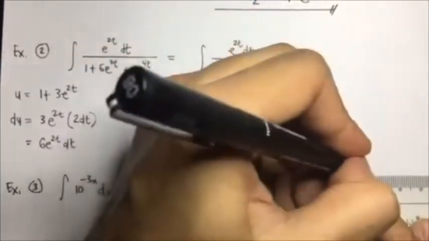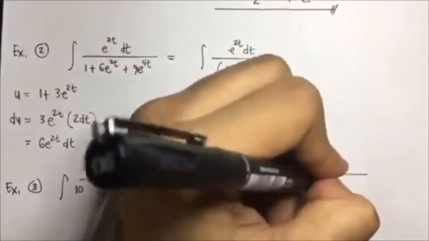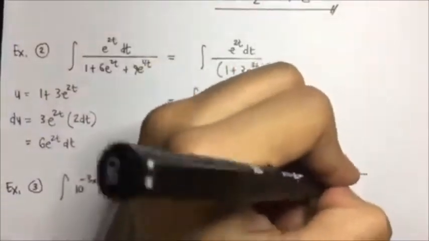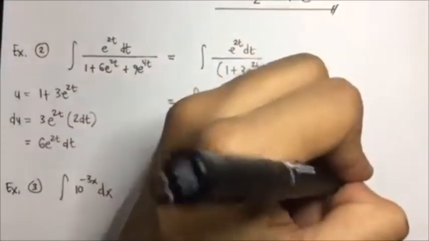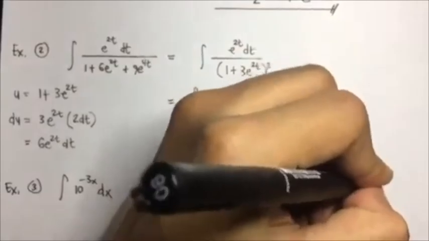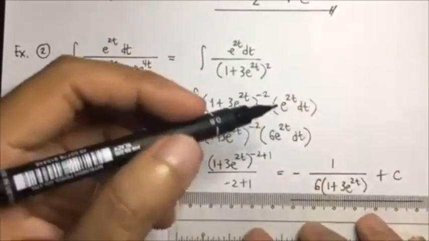Therefore it will become negative 1 over 6 times 1 plus 3e to the power of 2t, plus c. This is now our answer.